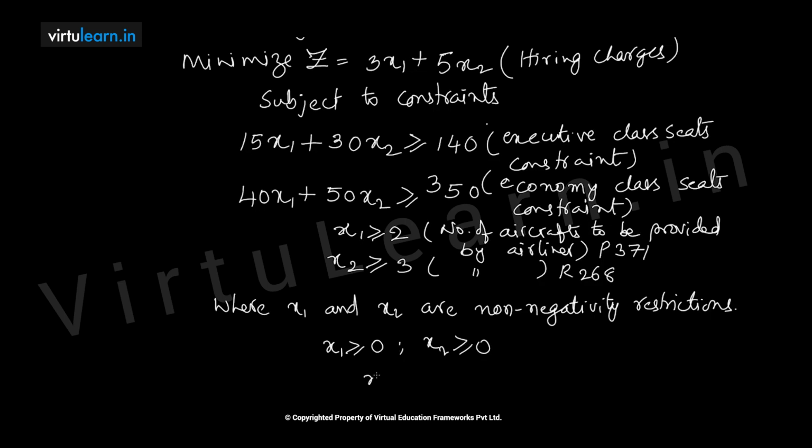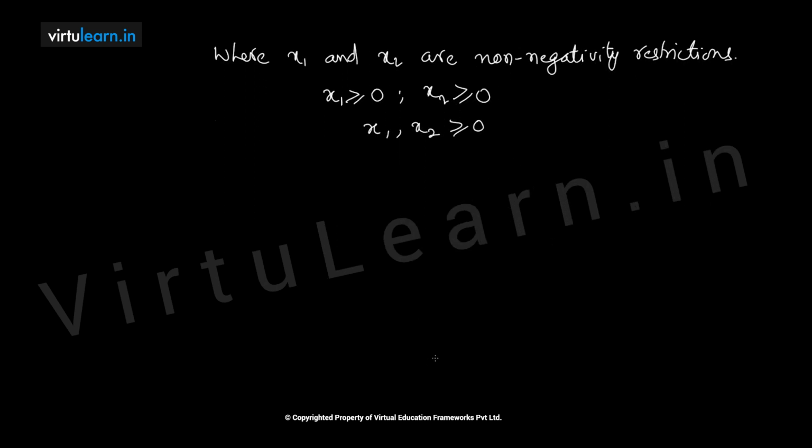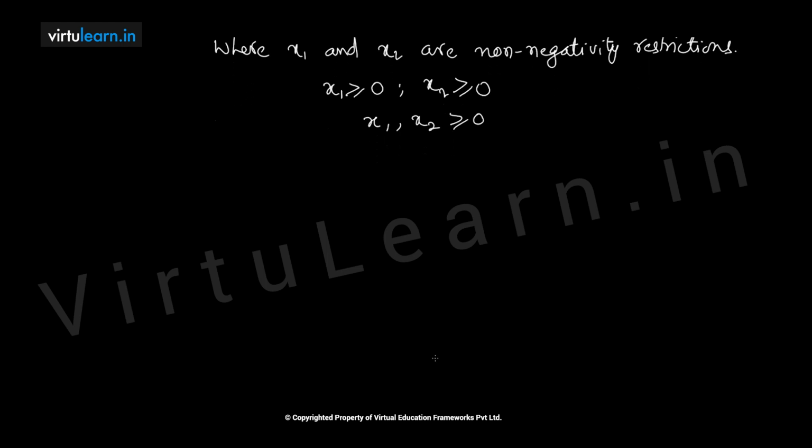We can write it like this: x1, x2 greater than or equal to 0. What it indicates is that the number of planes can be 0 or some positive number. There are no negative numbers for x1 and x2. That is the reason we call that the non-negativity restriction. Under any circumstances, x1 and x2 should be 0 or some positive number, and can never be a negative number. This is the way we formulate a minimization problem.